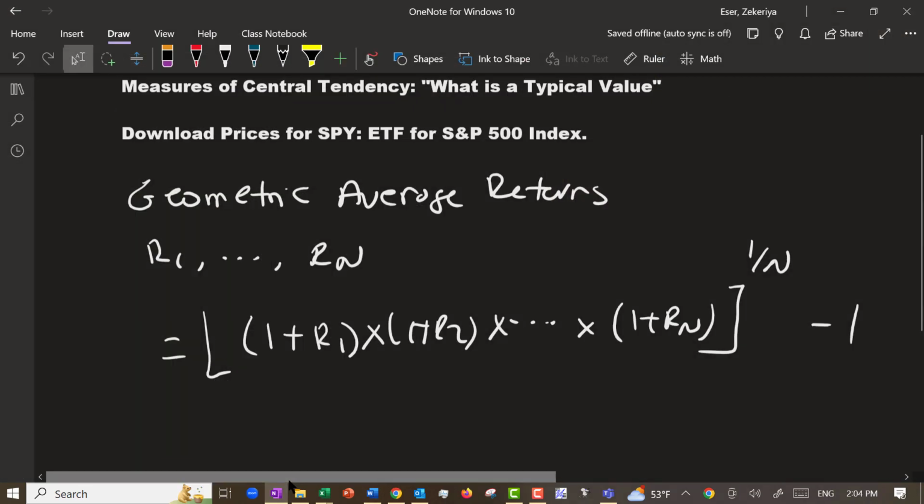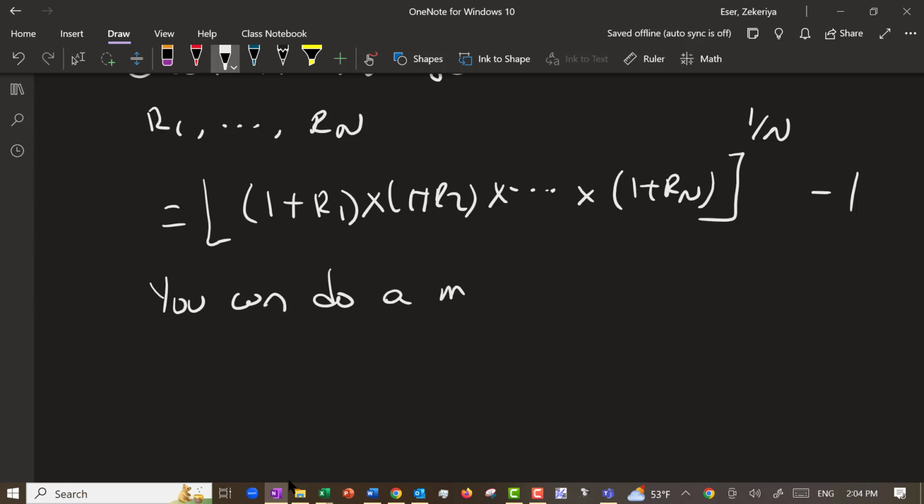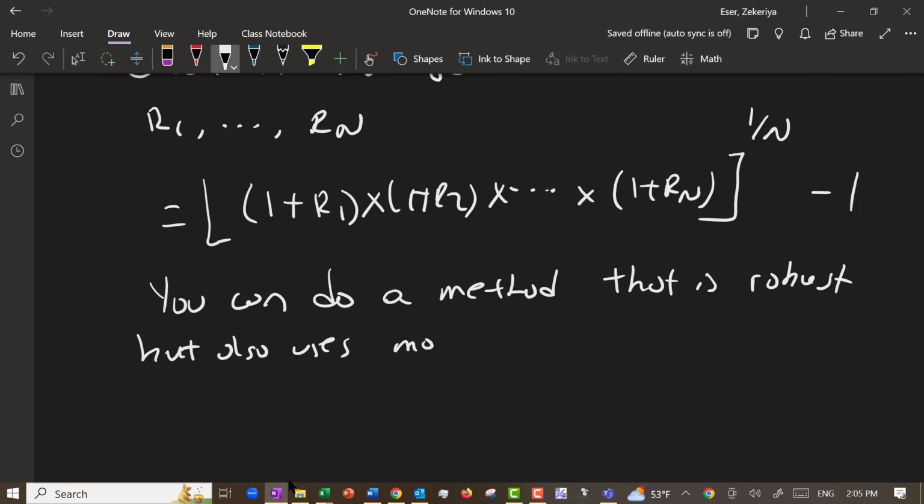So median, on the other hand, uses only the ranking of the numbers. In most settings, statistically speaking, it doesn't use all the information. There's a method that is robust, but also uses more information than median.